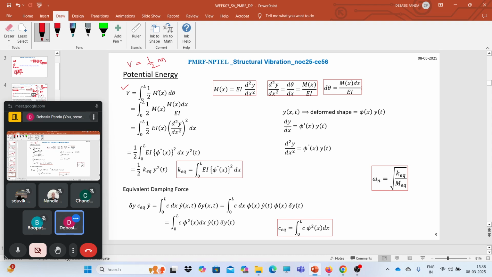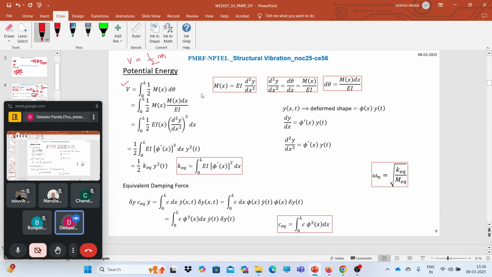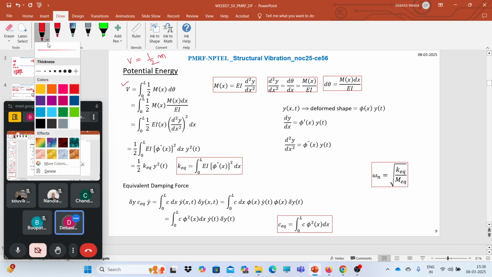Now, what do we need to do here? We simplify the equation with respect to the bending moment at different locations. For this system we have the mass per unit length property, we don't have the total mass and total stiffness, so we will write the equation in the form of half M into d theta.